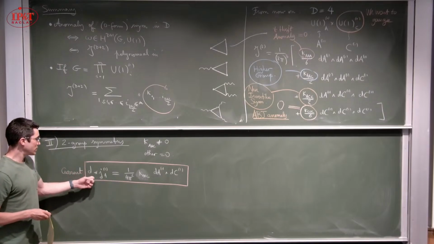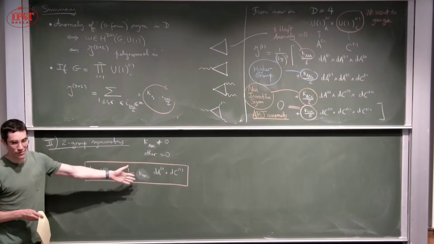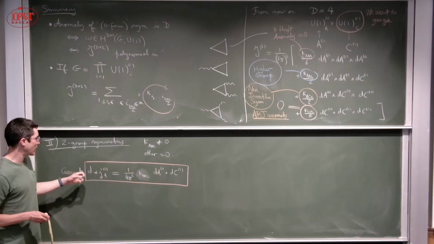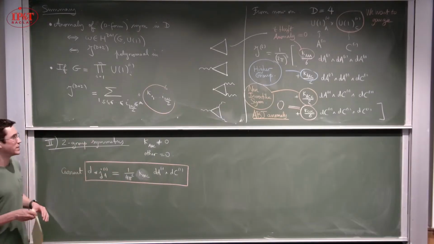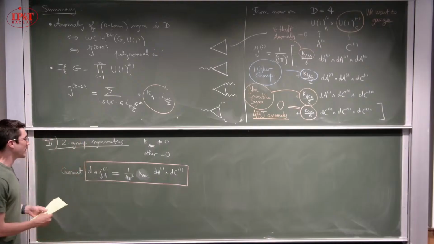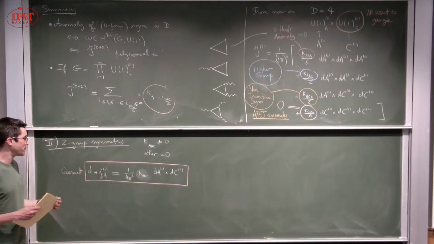So the current J_A is not conserved. The whole point at the beginning was that we had a conserved current, and then from there we could build topological operators. And now we cannot do this because it's not conserved.